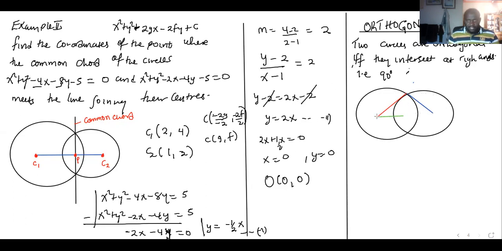And then this line joining their centers. So one, this angle should be 90. Two, there is center 1, there is center 2. Now from center 1 to point A there is a radius R1, then there is radius R2, then there is the distance between the two centers D. So when you extract out that right-angle triangle, it will take on such a shape.